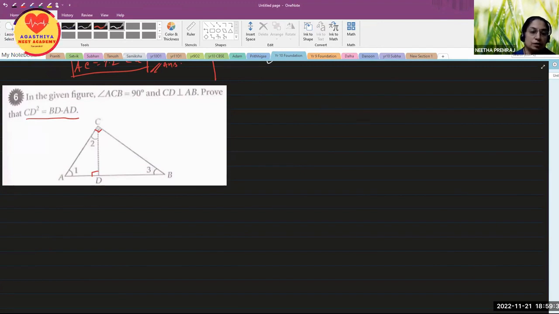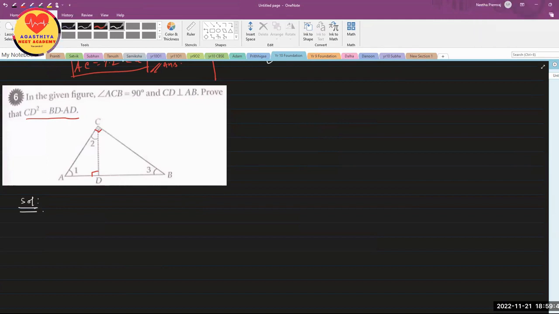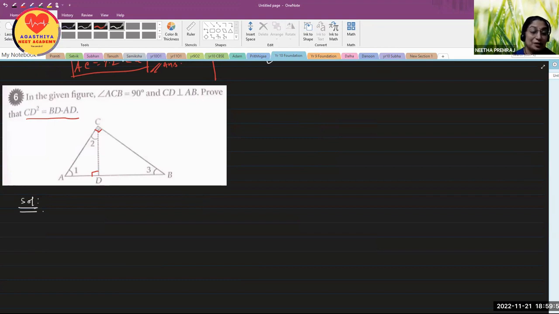So solution, what do we do? What concept do we have to apply? Can you guys tell me? See what I do. Pythagoras theorem also works, but I'm going to use the similarity property. I take the triangles this way. A, D, C. This is given as 1 and this is 2.